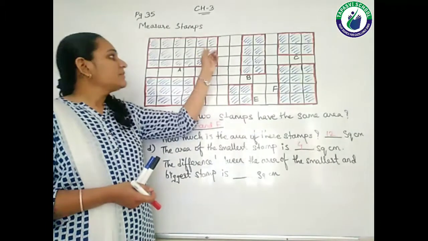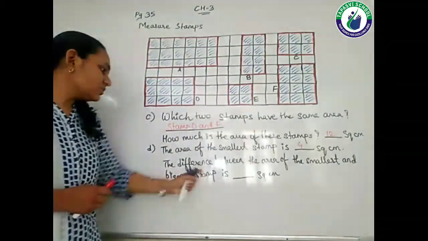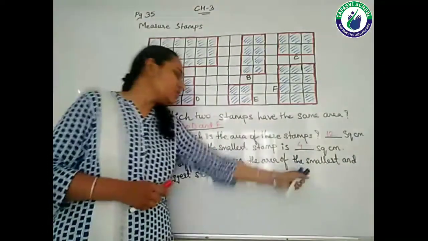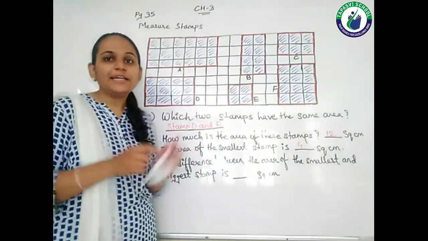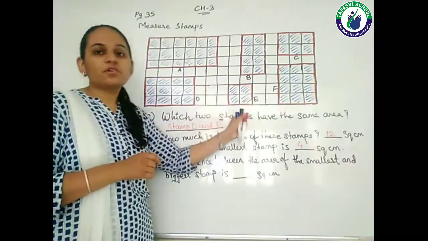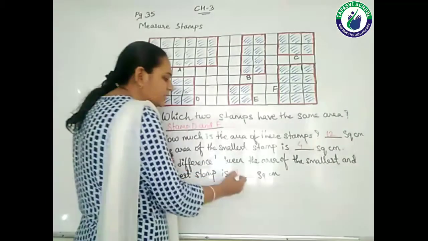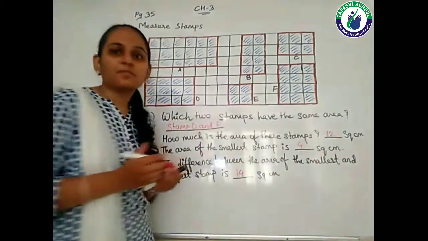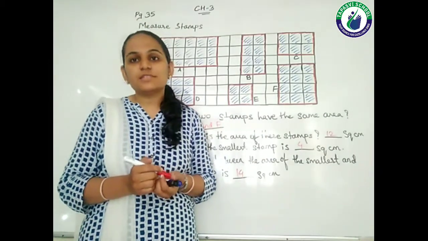So 18 minus 4, the difference comes as 14. So the difference between the area of the smallest and the biggest stamp is 18 minus 4, 18 for the biggest one and 4 for the smallest one. So here I am writing the answer, 14 square centimeter. I hope students you are able to calculate more of this type.